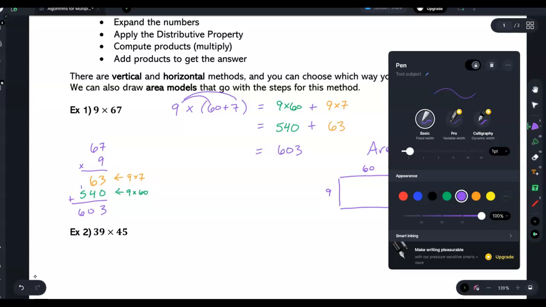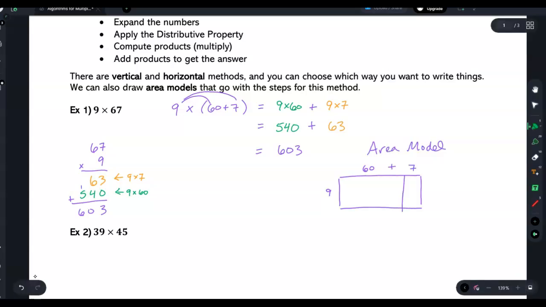And then to label the insides of this, we're just going to show that multiplication. So if I wanted to find the area of this rectangle, that length and width are 9 and 60. So that's what I would write here, 9 times 60. Or if you want to go ahead and write 540, you can. You don't have to. All that you need to do is label what it is you're multiplying here.